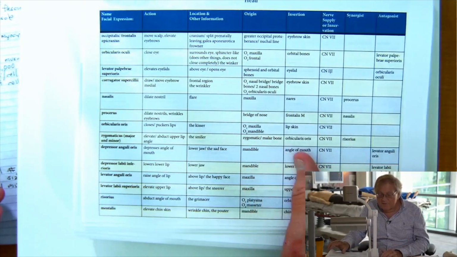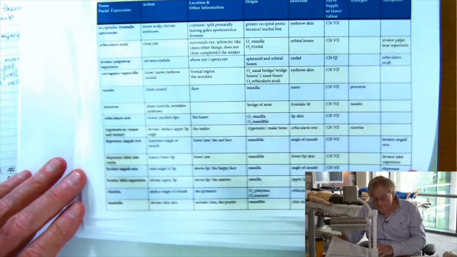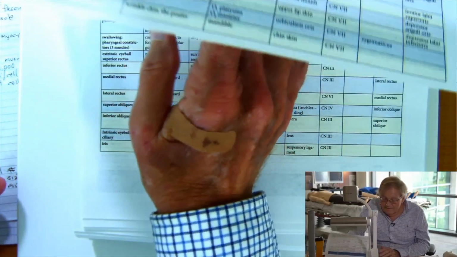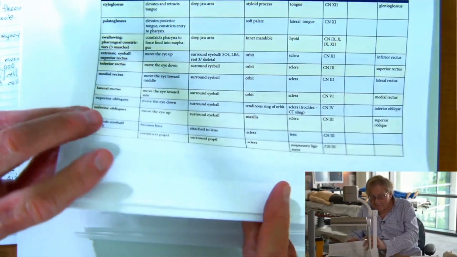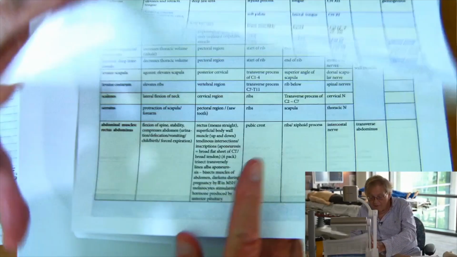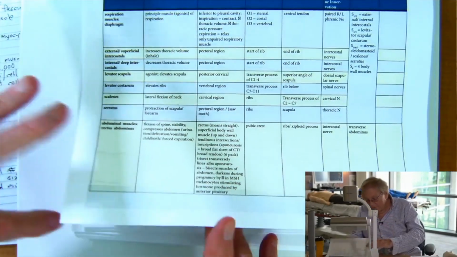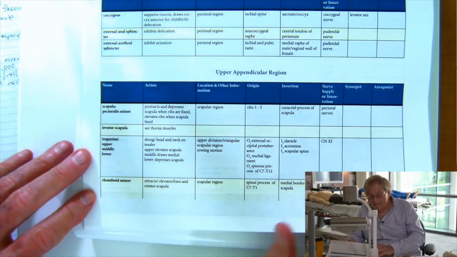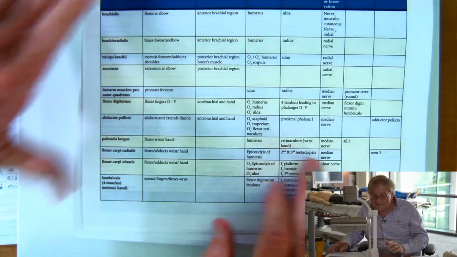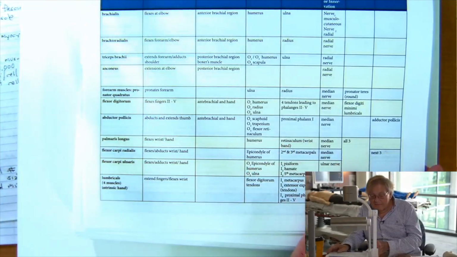So that's how you're going to want to know some of this material. Now, I can't expect that everyone could possibly memorize all of these muscles, all of their origin, insertion, actions, innervations, synergists, antagonists. It's a daunting task to try and learn all that material.